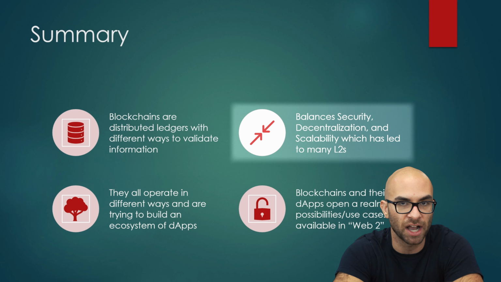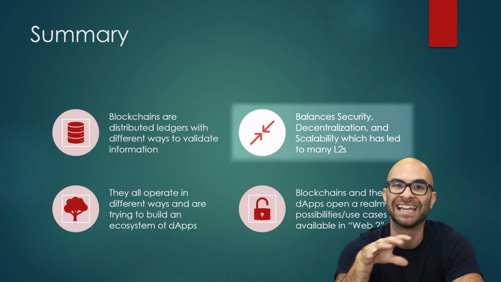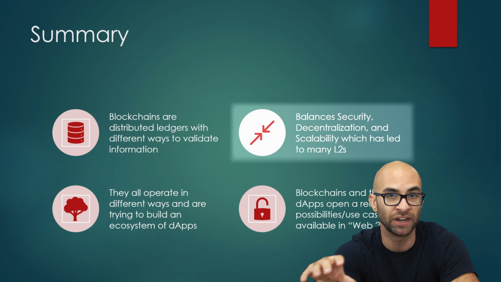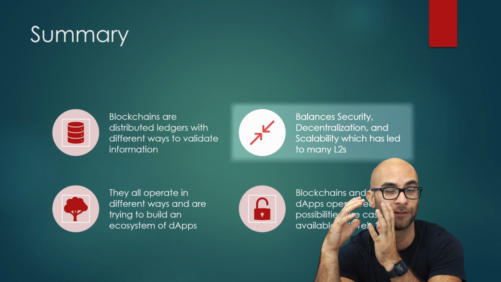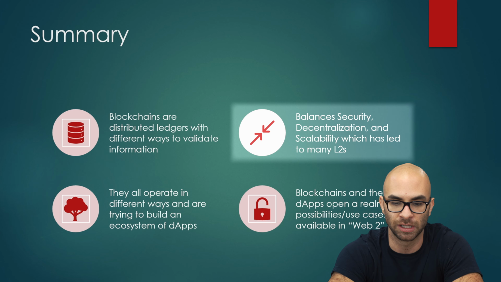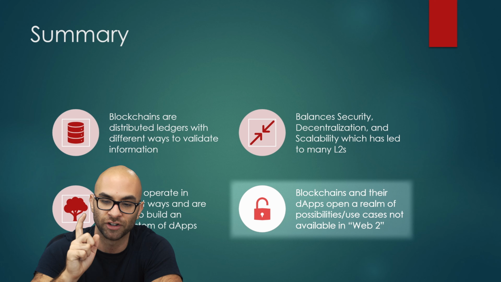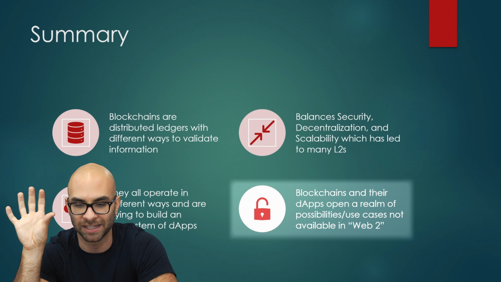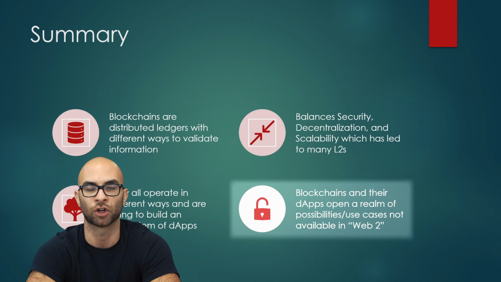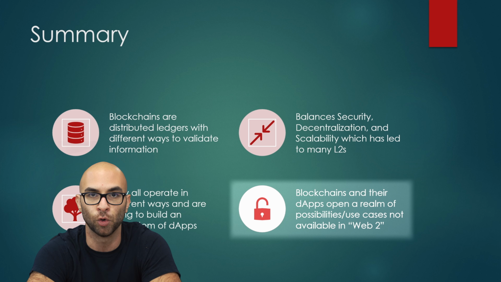Right now, all these blockchains are trying to balance security, decentralization, and scalability, which has led to a lot of different layer 2s rather than just the layer 1s. And blockchains and their dApps open up a realm of possibilities and use cases that are currently not available in Web 2 because of the aspects of smart contracts.